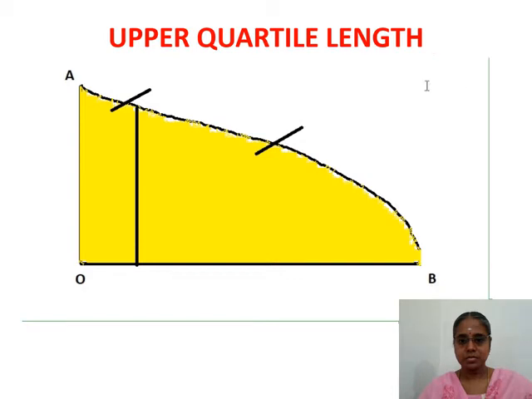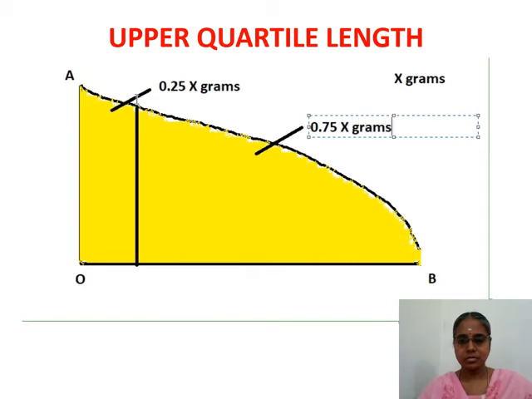The total weight is X grams. Now this upper weight will be 0.25 X grams, and 0.75 or 75% of X by weight will be this part.